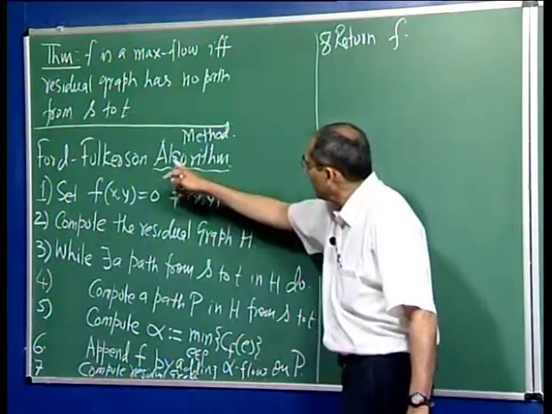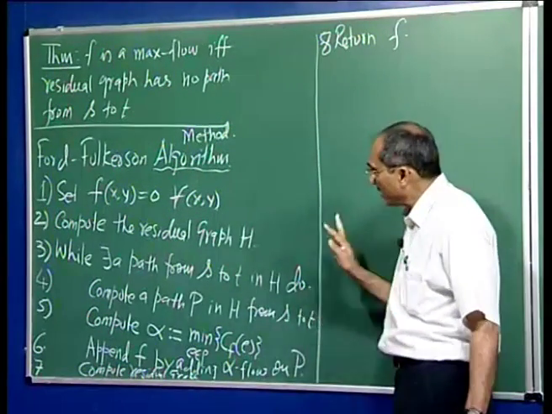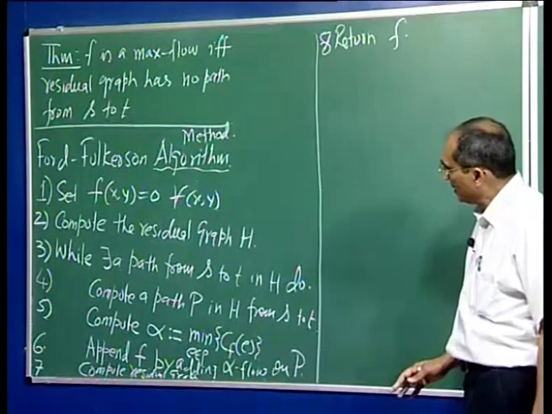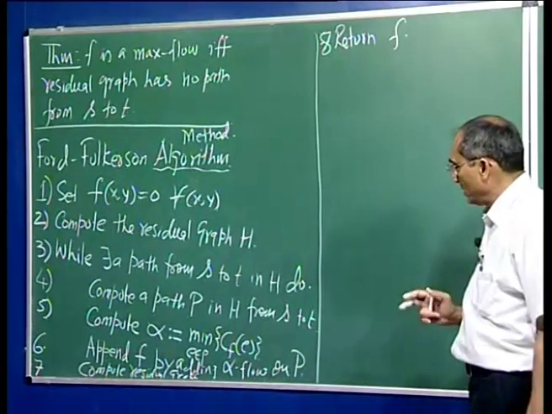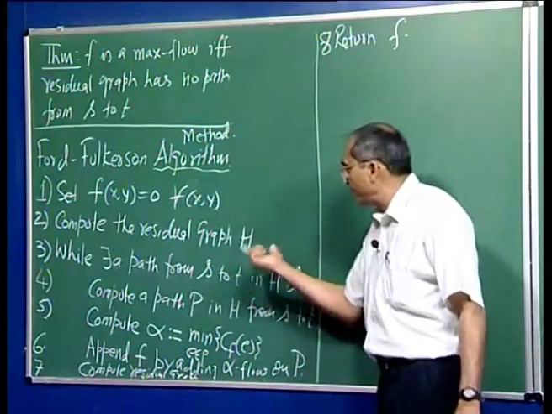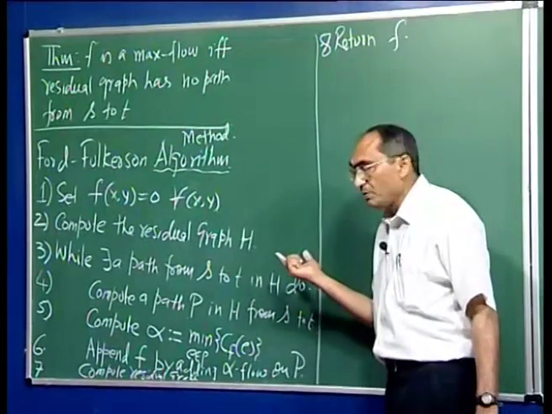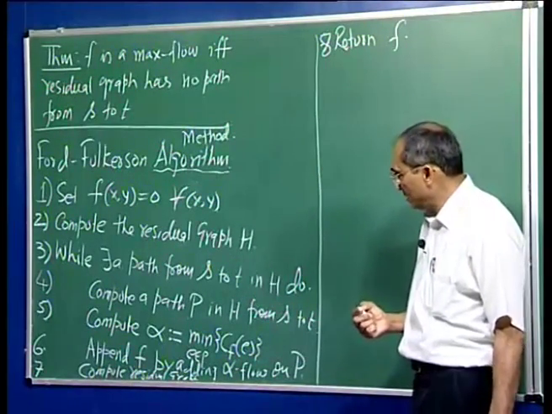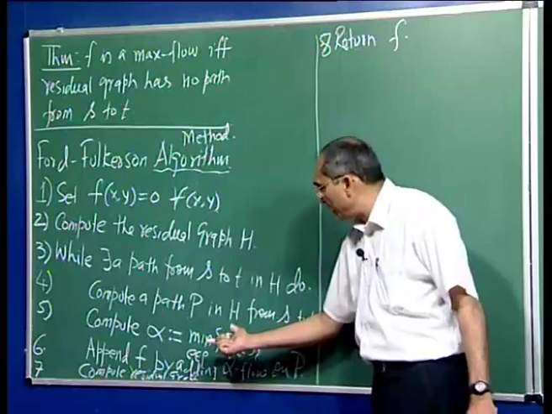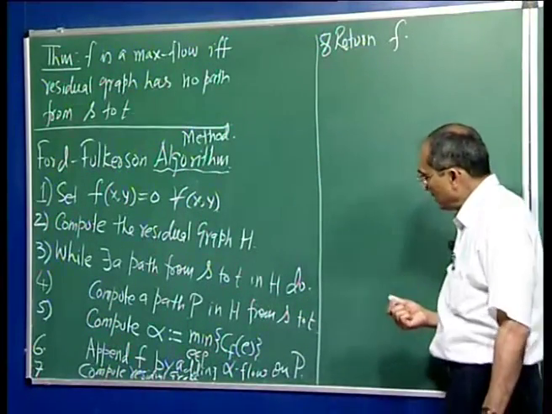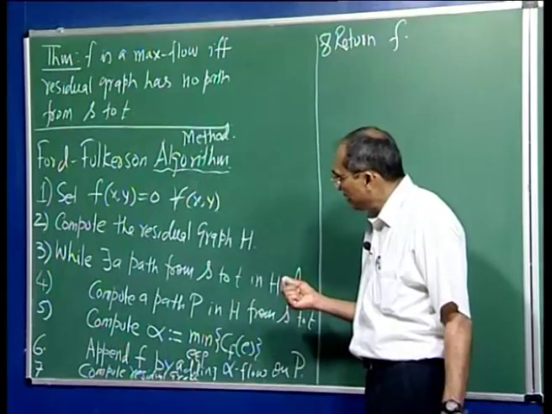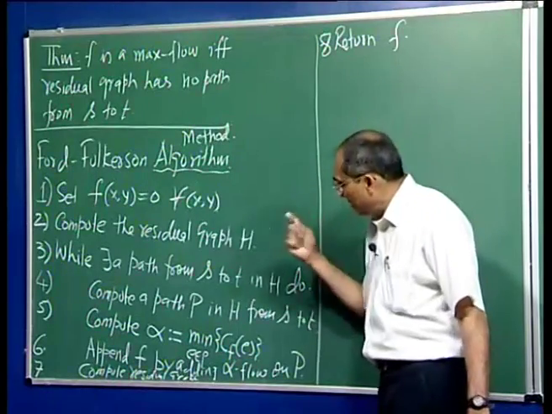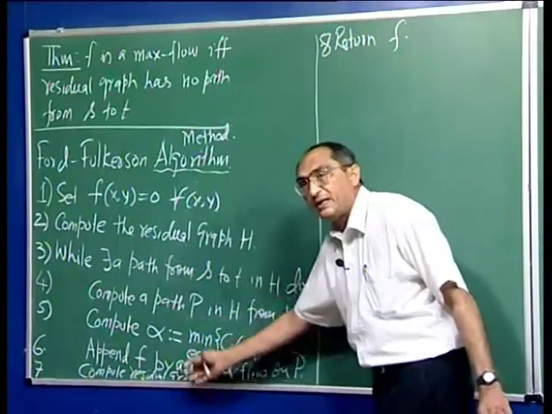The reason I am not going to call this an algorithm is that there is no guarantee that this process will terminate. It may go on forever. Although you can notice that if all the capacities were integers, then each increment will be at least 1 unit, and if the minimum cut capacity is, say, capital C, then you will need at most capital C iterations.